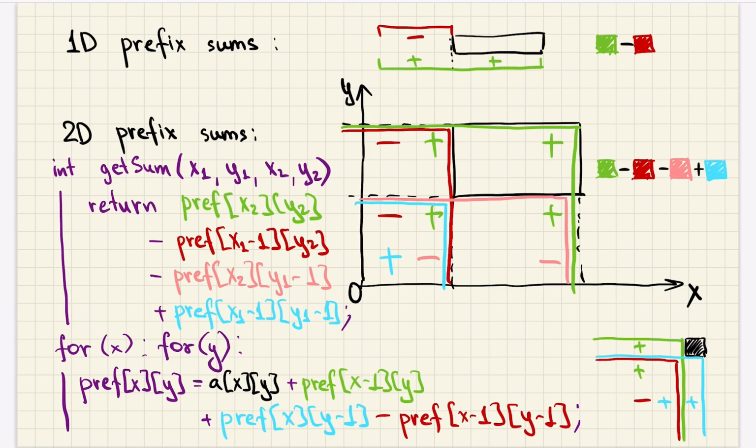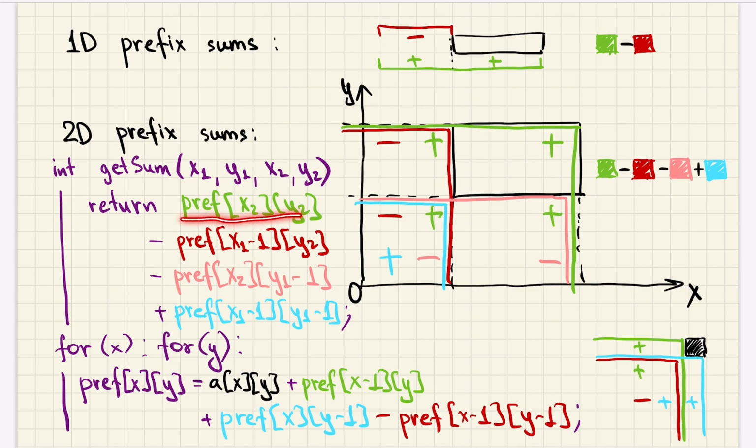So if we calculate all of that, the function that calculates the sum on rectangle with corners x1, y1 and x2, y2 will look like this.